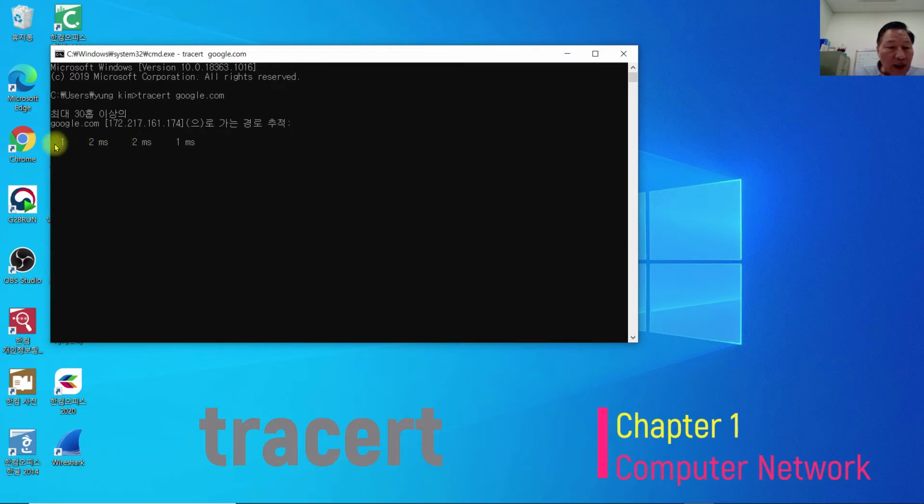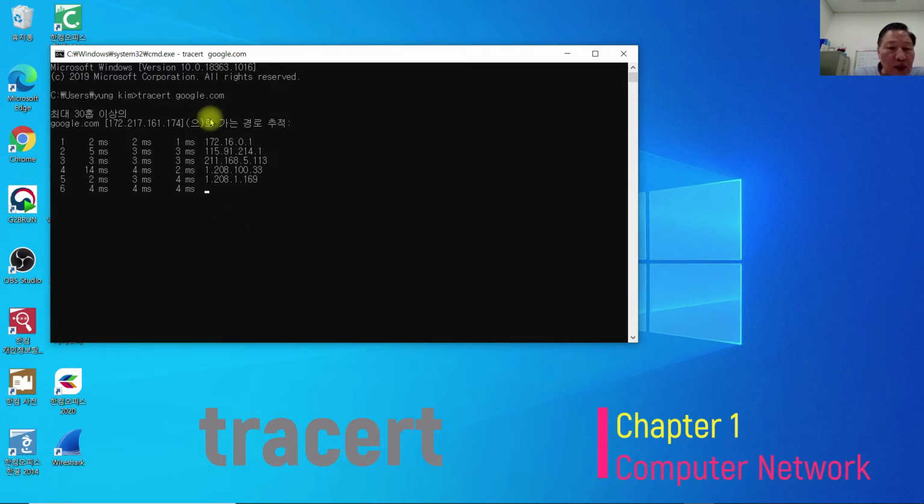Okay, then you can see this one is iterating 3 times, with some IP addresses. This is the first IP address. That means the first router, the gateway router. After that, the other following intermediate routers, until arriving at the final server.